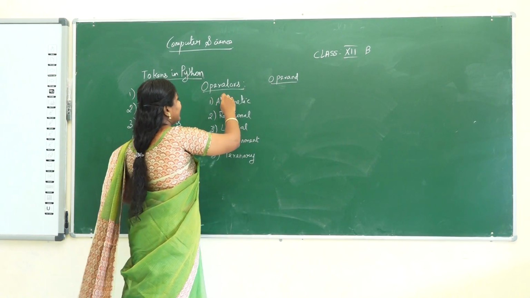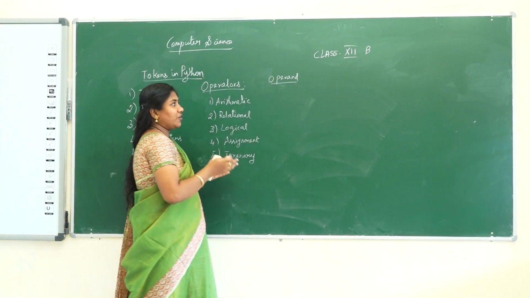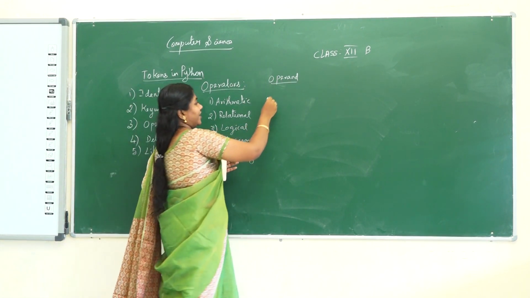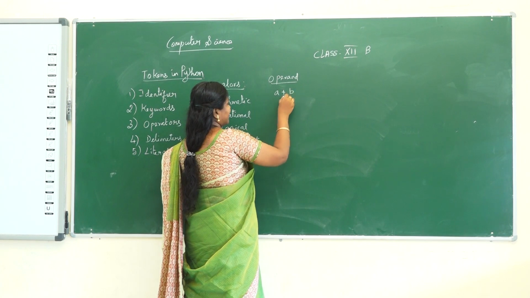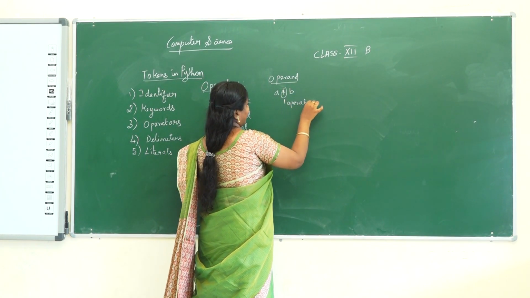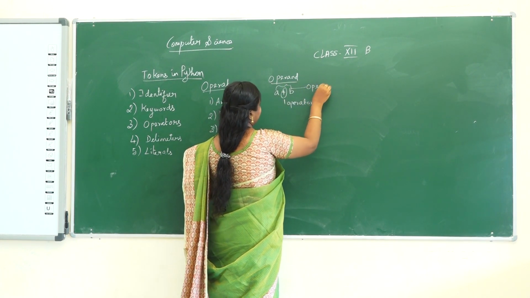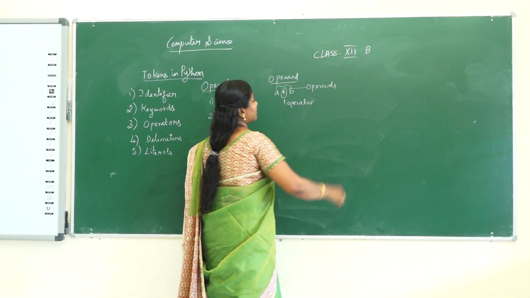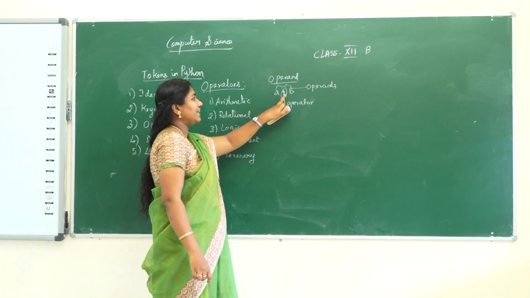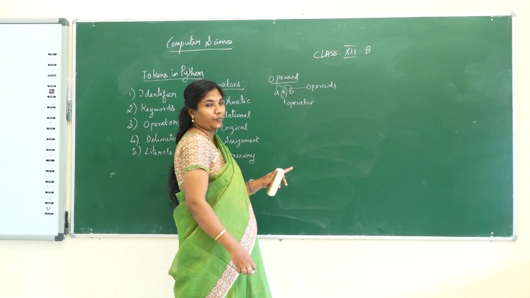The value will be saved in a variable, or a value itself, that is an operand. For example, I have a plus b. Here plus is the operator, and a and b are the operands. So the operator acts on operands. This is the operator and these two are the operands.